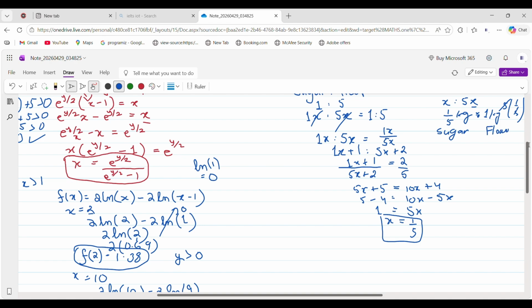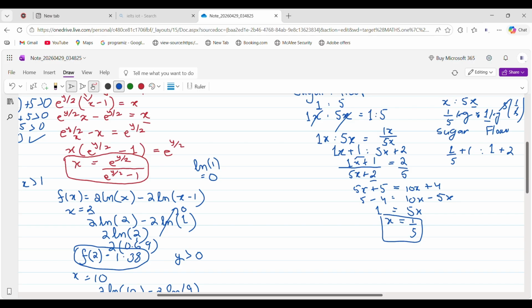Okay, now see 1.5 and 1 kg. So they said 1 kg of sugar is added, which means 1/5 kg plus 1 kg. Ratio, we had initially 1 kg of flour, and then they said 2 kgs of flour is added.